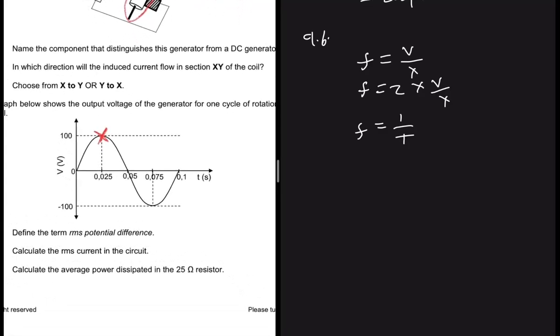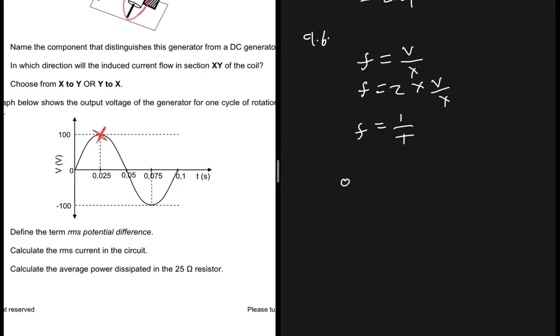Here in our first case, it took 0.1 second to complete 1 cycle, right? So now because we are multiplying the frequency by 2, or reducing the period by half, it is going to take 0.1 divided by 2, which is 0.05 seconds to complete a cycle.